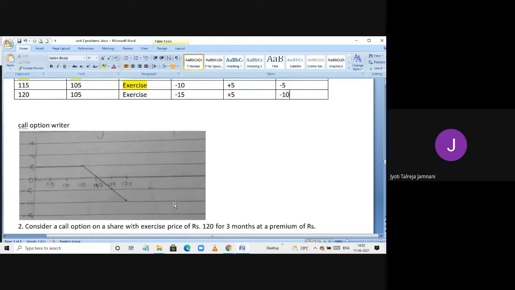If anybody has any doubts in the first problem, you can ask. Otherwise, we'll move to the next.